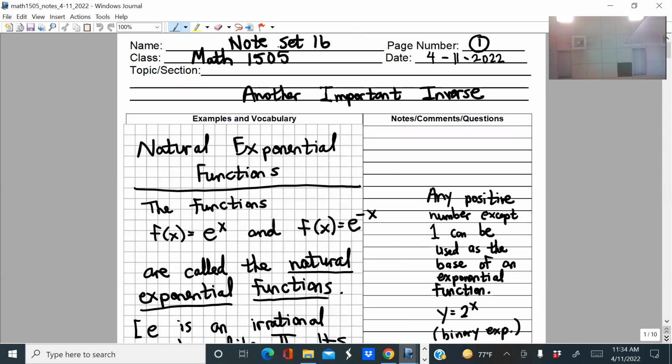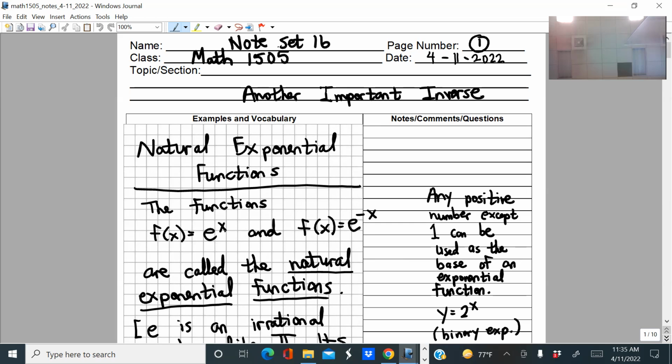You may be familiar with these functions from algebra, because they're often discussed in an algebra class, but sometimes not. So the way these functions work is you take a base, which in this case is the number e. e is a constant, and you raise it to the input, whatever the input to the function is.